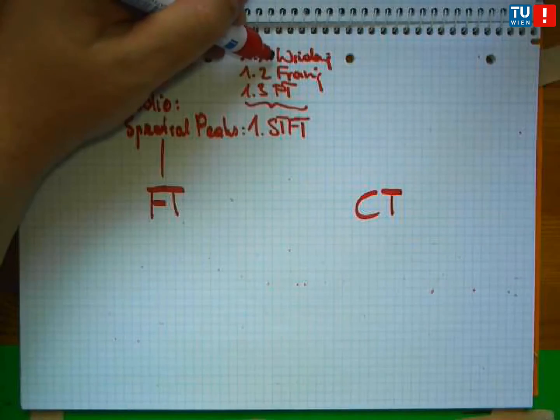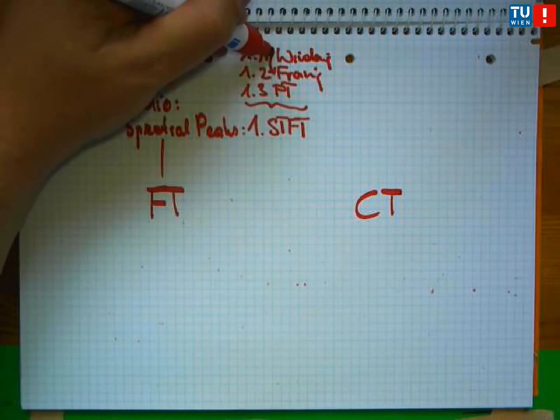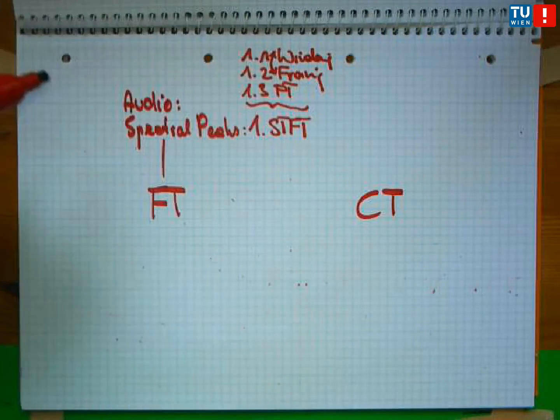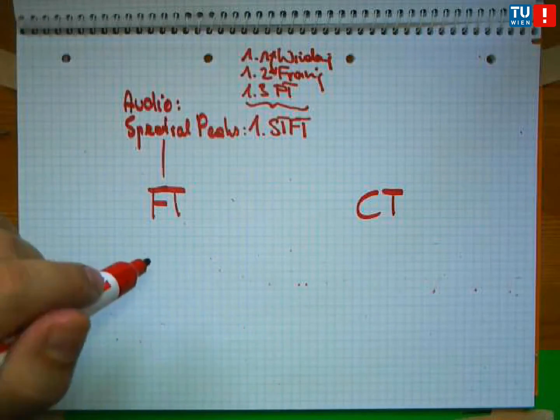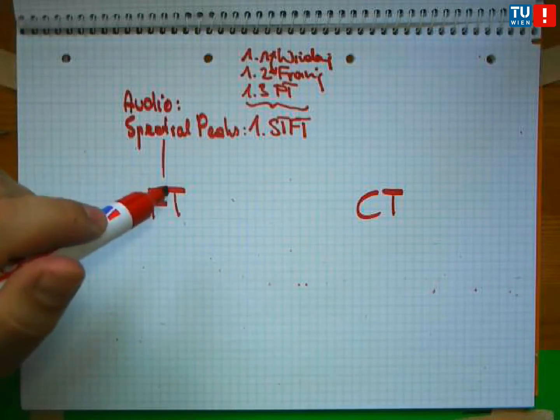Practically, you will do framing first, windowing second, and then the Fourier transformation. So this is just a list, not the process. That is the short-time Fourier transformation.